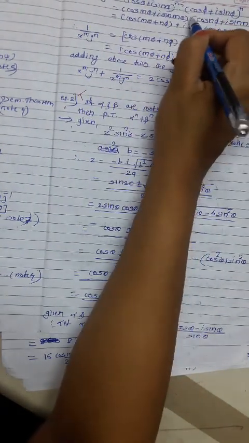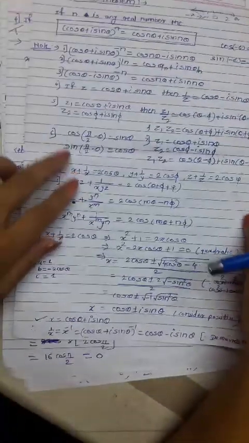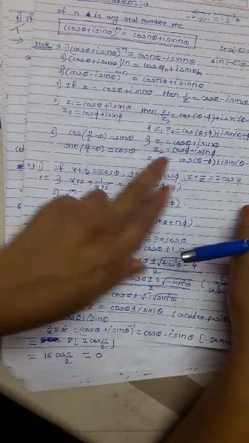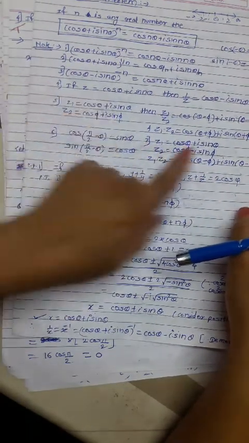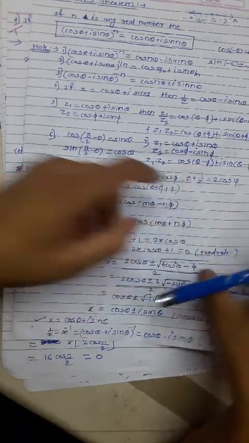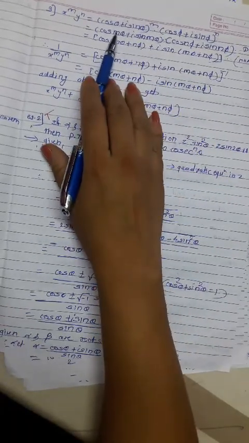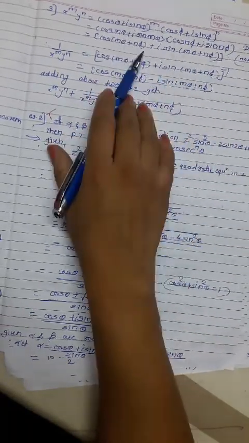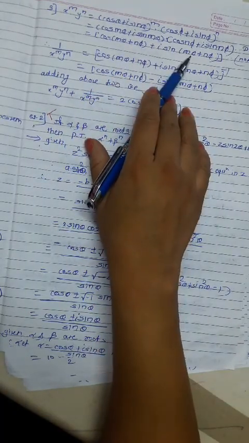Now the multiplication of these two: if z1 is this and z2 is this, z1 into z2 is the addition of these two angles, because both are positive, that's why it is addition. If one of them is negative, then take a subtraction. Therefore it is cos of m theta plus n phi plus I sin, same angle, m theta plus n phi.